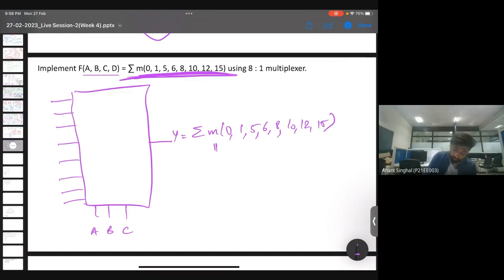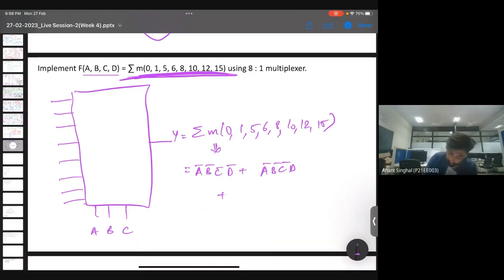So if I try to expand it, it will be A bar, B bar, C bar, D bar. Then 1 will be 0, 0, 0, 1. And 5 will be A bar, B, A, B bar, C. Okay, I wrote it incorrectly.